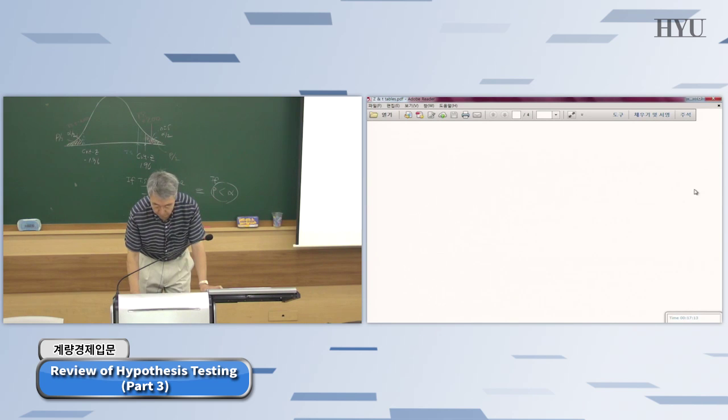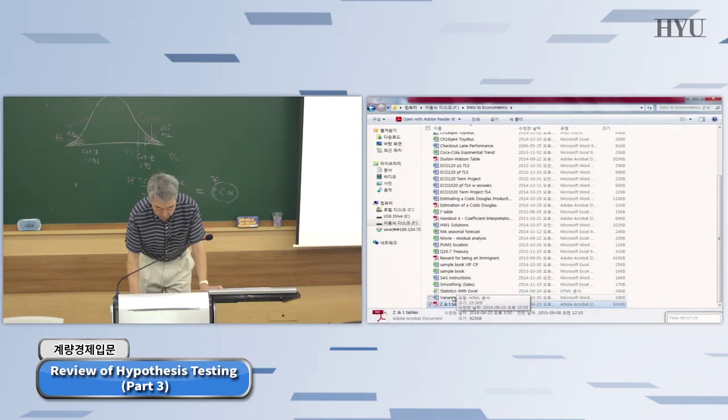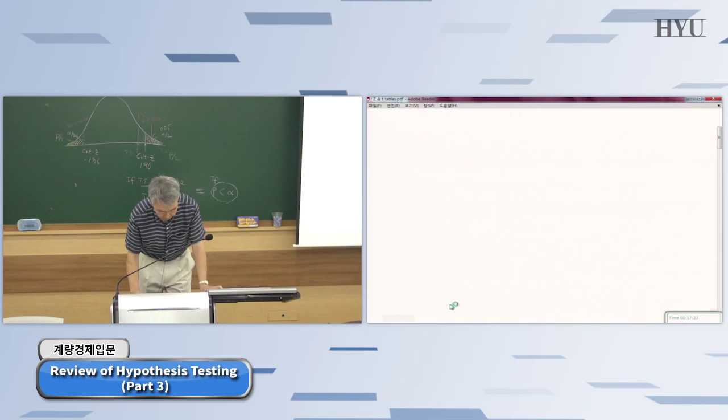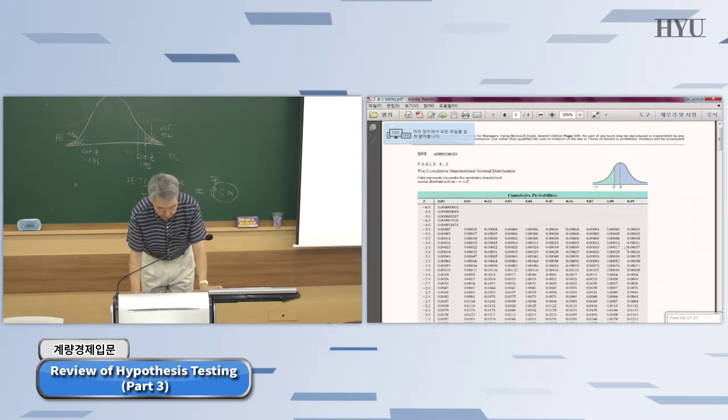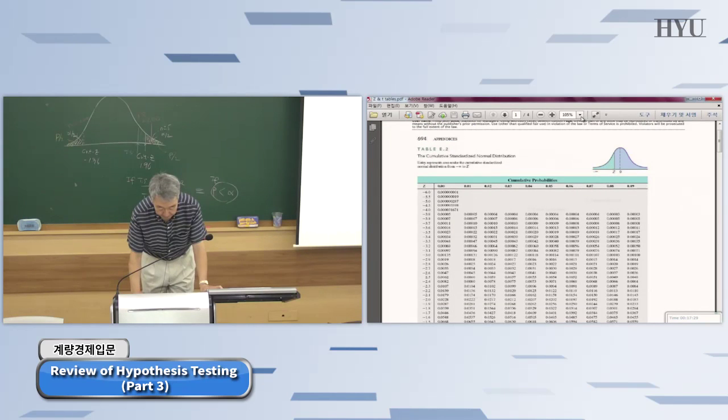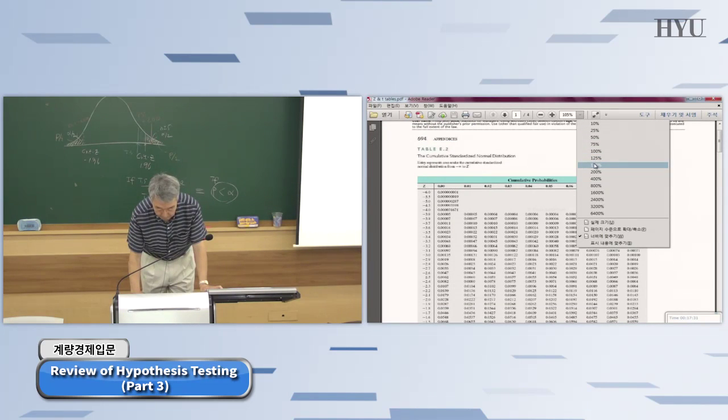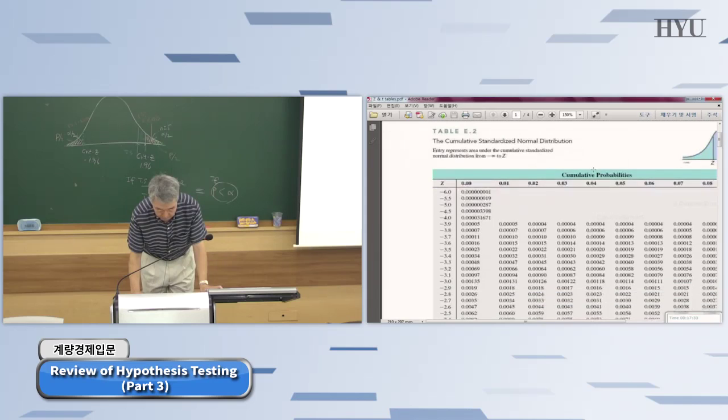What's so slow? Interesting. Can't even open the PDF file. Ah, here we go. Okay. And let's make it a little bit larger. All right. So here's the example of the z-table.